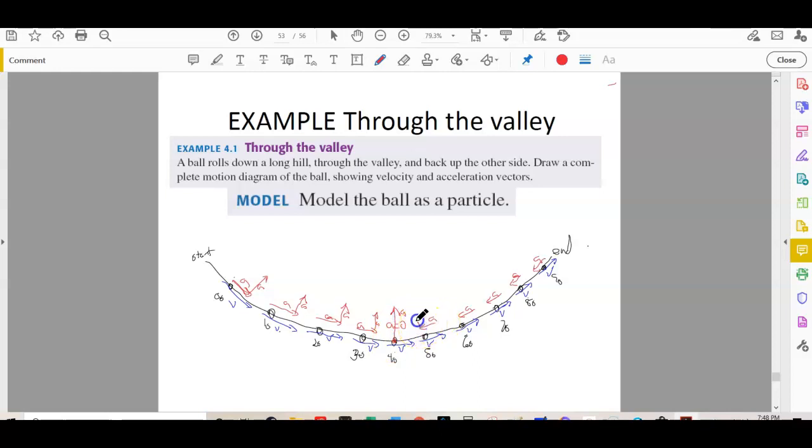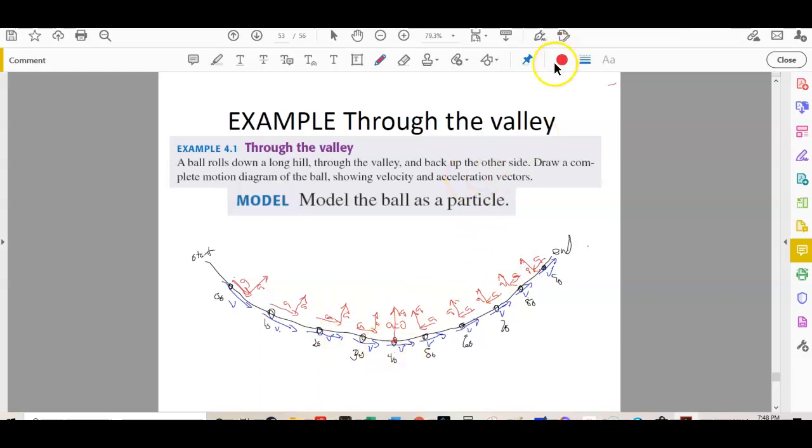And here you're accelerating towards the center of the circle, and here too, so perpendicular. And that's what turning is. Anytime you have to turn a car, turn around, you have to have a perpendicular acceleration vector.